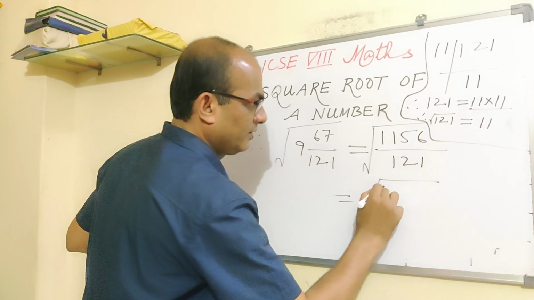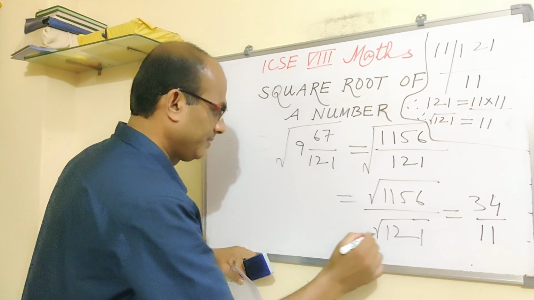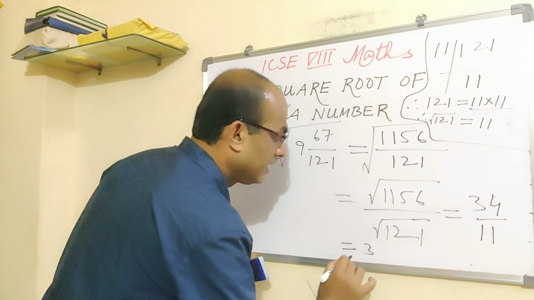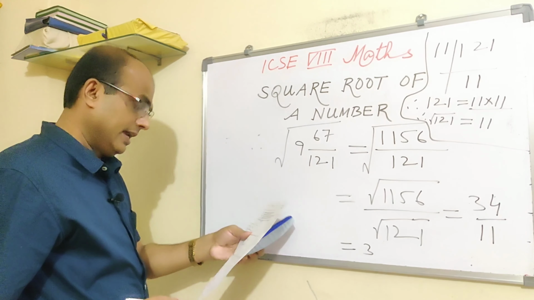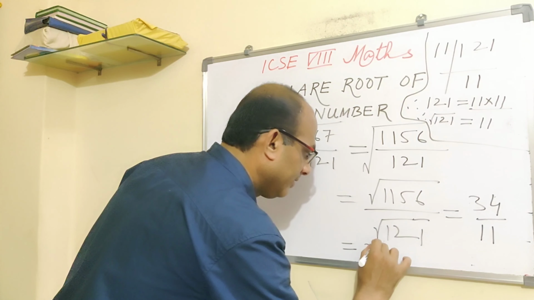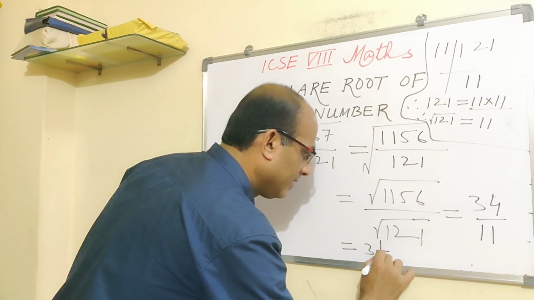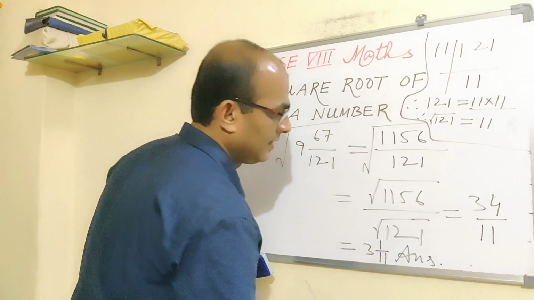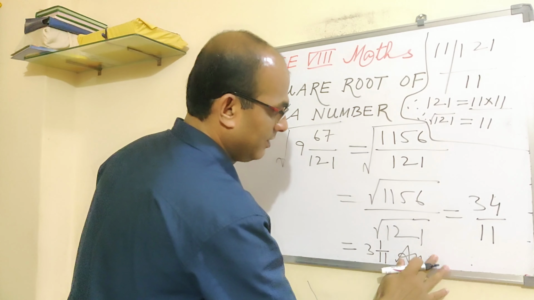Alright, and this gives you, up in the numerator we are getting 34, and here we are getting 11. Alright, and that is equal to how much? 3 and 1 upon 11. 3 1 upon 11. This is the answer. This is the answer. What do you say?